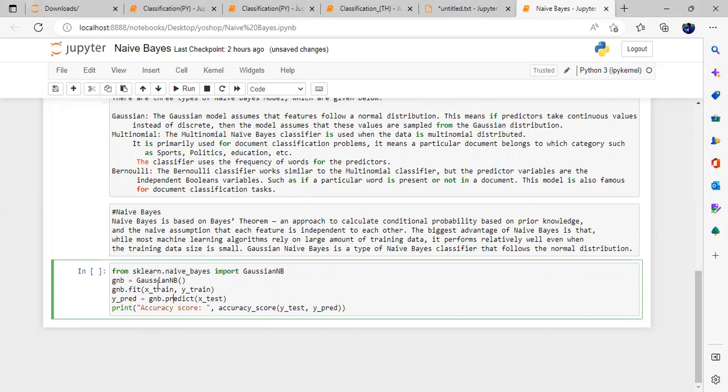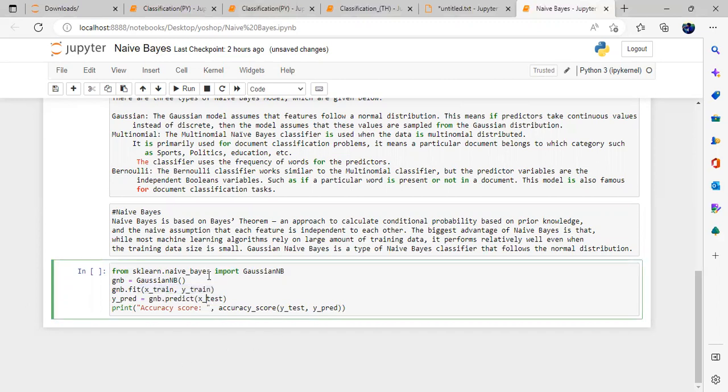It is not like you can directly use this. First, you have to take a data set and split it into train and test. So this is X train, Y train, and your X test is there also.